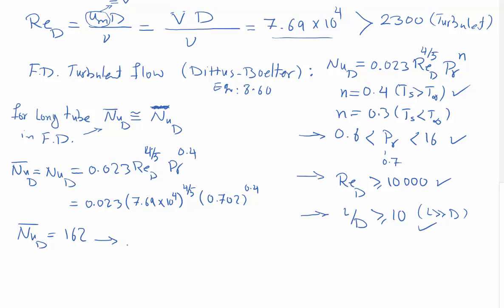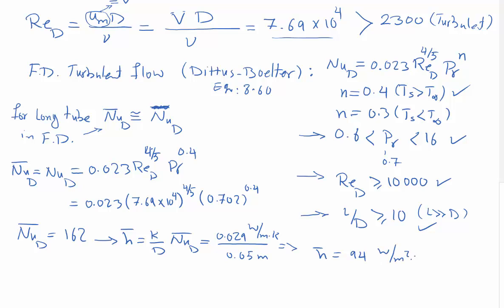From here, as usual, we can find average convection coefficient, k over D times Nusselt, plug in the properties, 0.029 watts per meter Kelvin, over 0.05 meter, and I will have an H bar of 94 watts per meter squared Kelvin. This is for case 2.